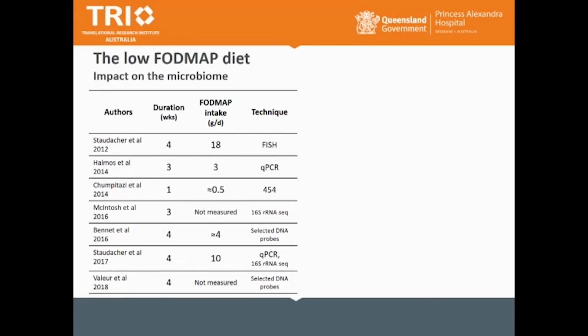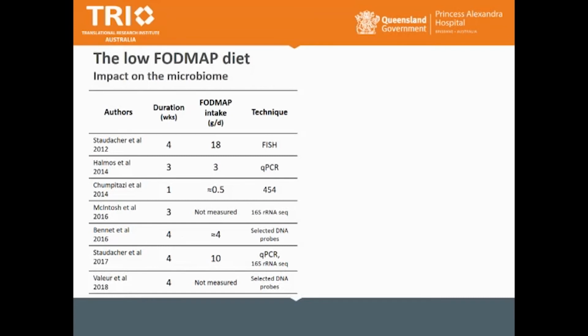Six or seven studies have now been done where patients are put on the low FODMAP diet and they measure the microbiota composition in the stool before and after, or compared with a control group. You can see the duration of these studies is pretty much 3 to 4 weeks. The FODMAP intake is pretty variable, which I think is something to really bear in mind when we're looking at these findings.